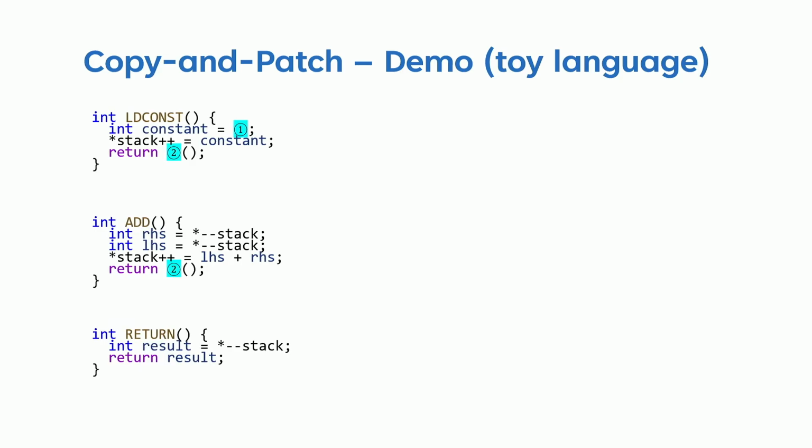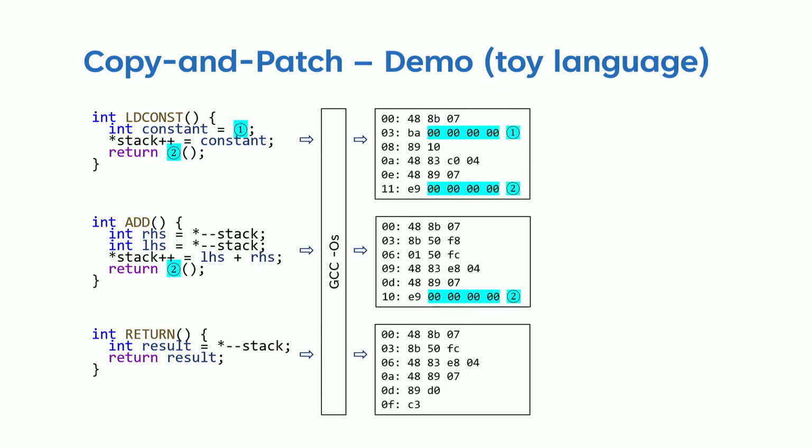Now that we have these standalone instructions, we can run an optimizing ahead-of-time compiler, which emits native code for each function. It is not important to understand the machine code here, but it's important to notice the compiled placeholders, which you can see highlighted in the output. In the context of copy and patch, these are called holes, and they will later be patched with actual data.